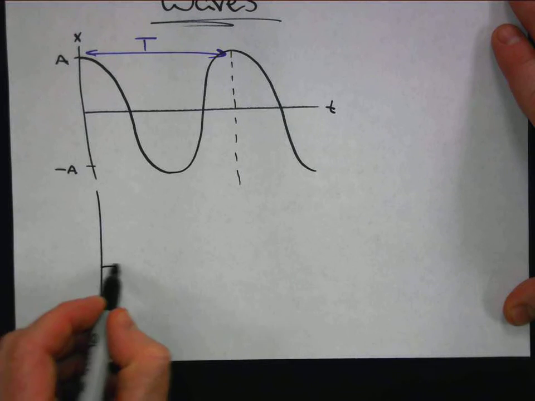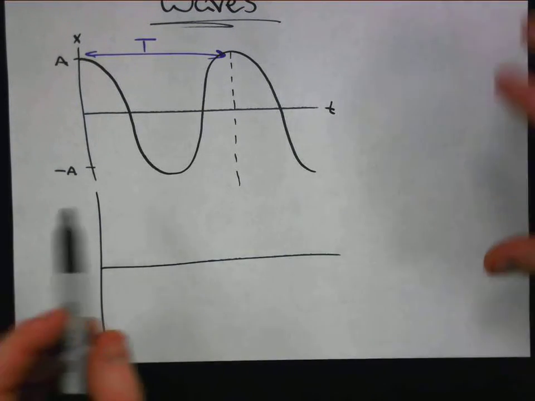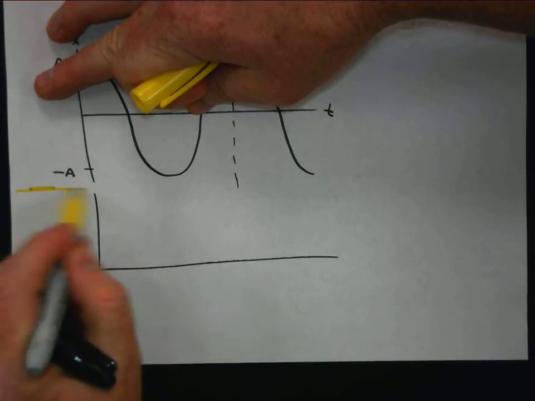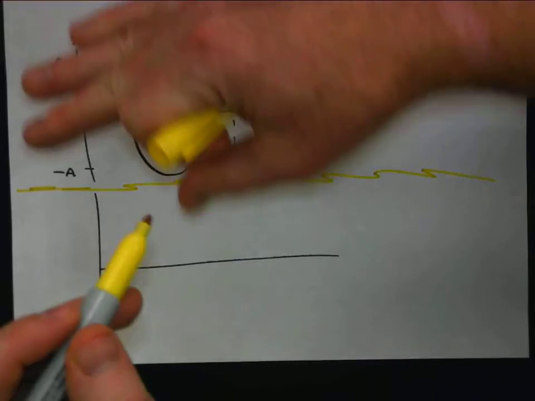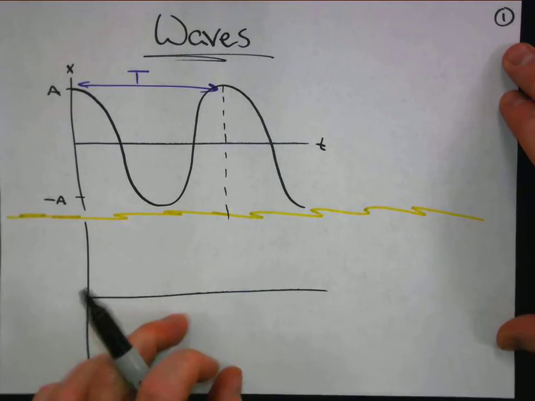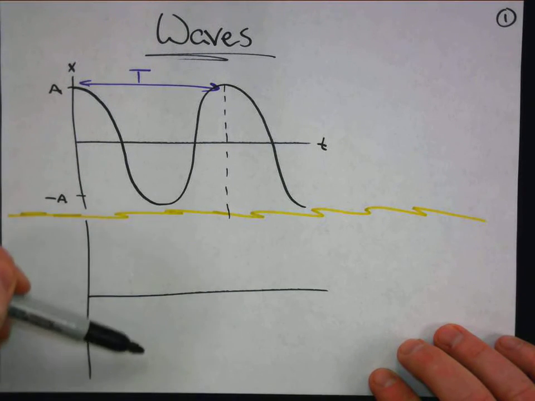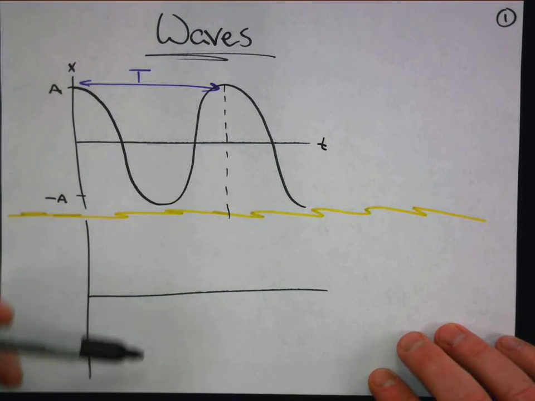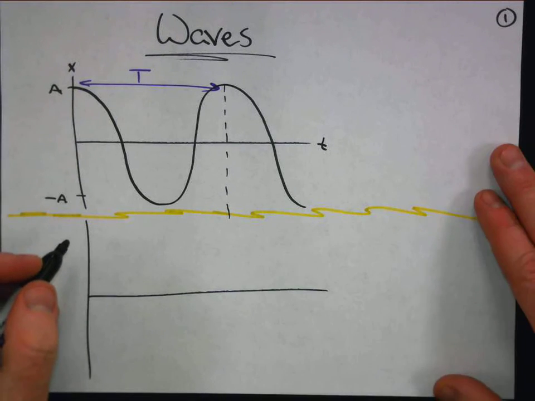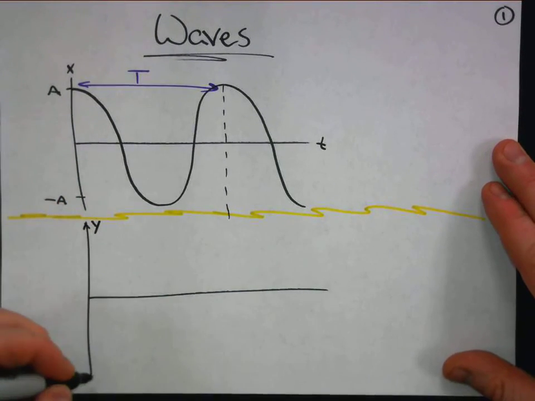So now on this graph, if we separate these from each other a little bit, this is going to be a different graph. We're going to say the movement back and forth of the pendulum is now going to represent something in this direction, which is the y direction.